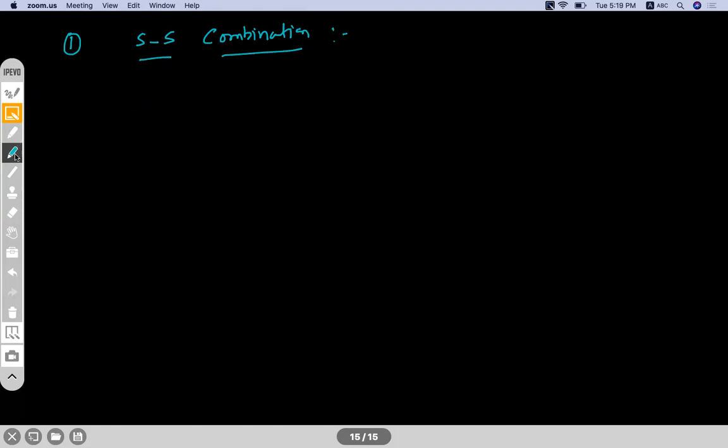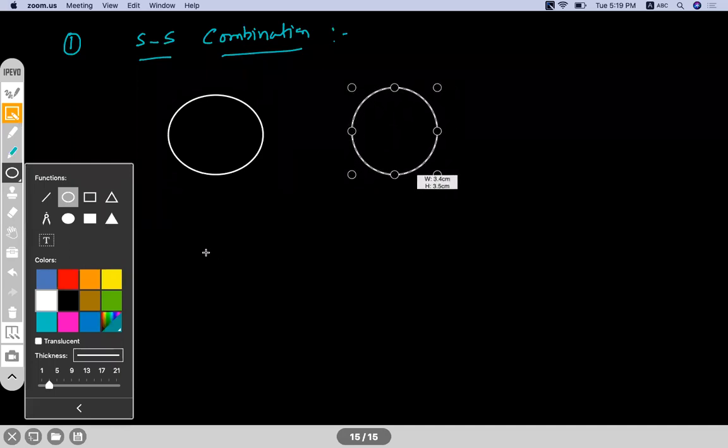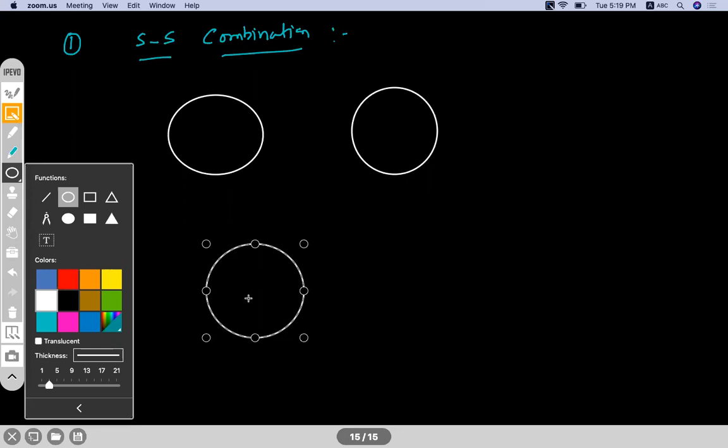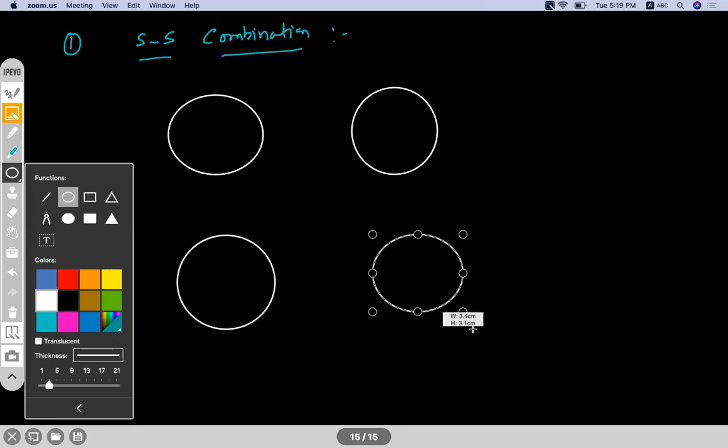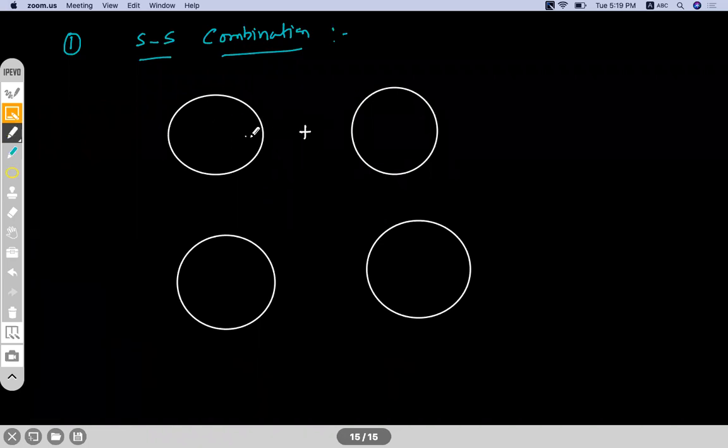Suppose we have two s orbitals. This combines with this, and both have the same phase, plus combines with plus, and minus with minus. When the same phase combines, this forms the BMO, bonding molecular orbital, which has an elliptical shape like this.